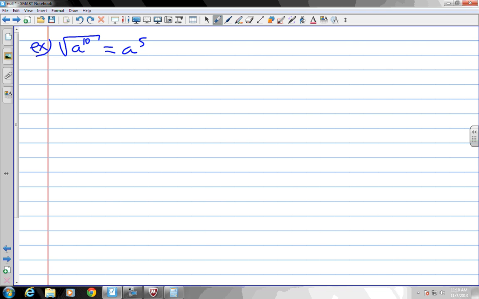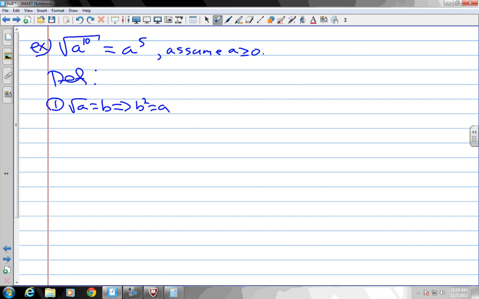Assume that variables are positive, because things will get weird if I allowed non-positive variables in there. Because this was done by assuming that a is greater than or equal to 0. The reason why I had to say that is because the definition of the square root was this, you have this in your notes, don't need to write this down.